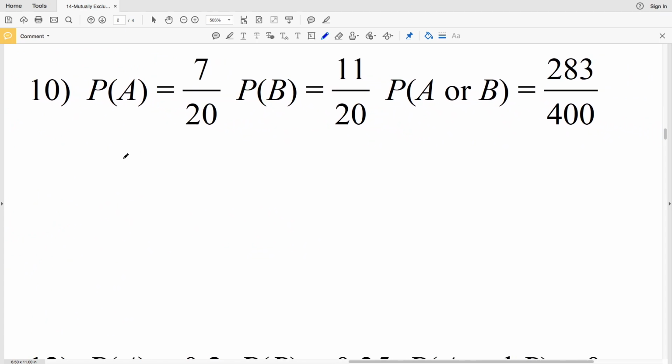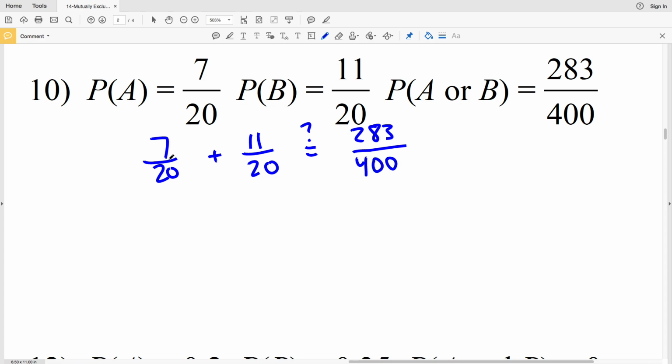In number 10, the probability of A, 7/20, plus the probability of B, 11/20, does that equal the probability of A union B of 283 over 400? 7 plus 11, since I have the same denominator, I can just add the numerators. That will give me 18 over 20. Now, does that equal 283 over 400? In order to go from 20, I would multiply by 20.